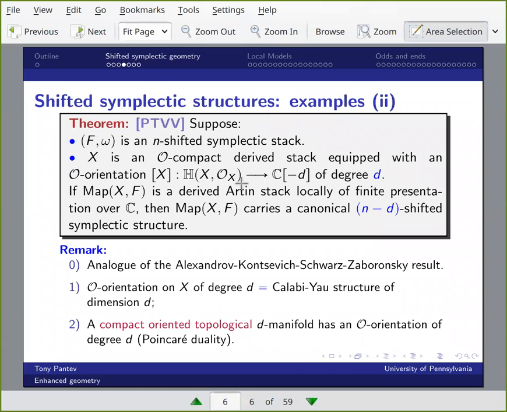That's what O compact means. This is in our paper from about 10 years ago with Bertrand, Gabriele, and Michel, where we introduced shifted symplectic structures. So you can go there and see the definitions. It's just some finiteness condition, basically.